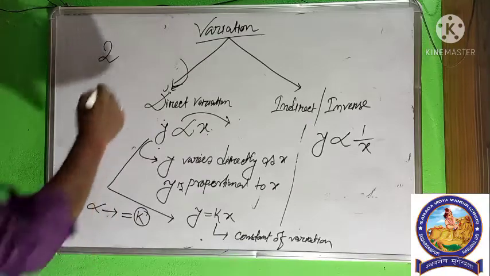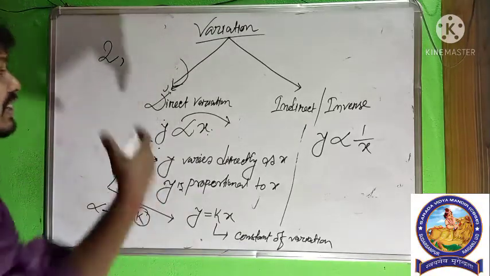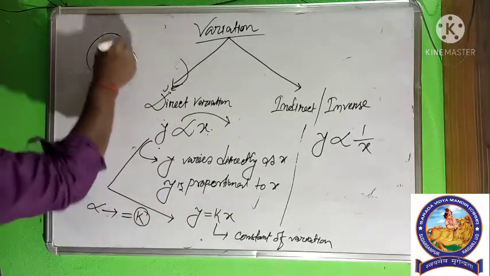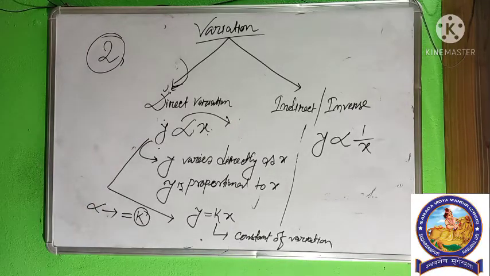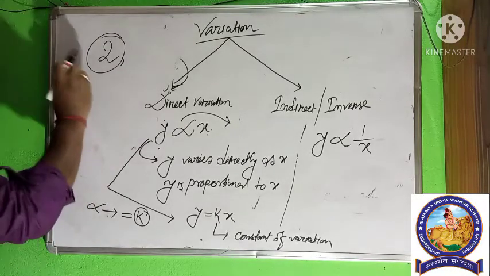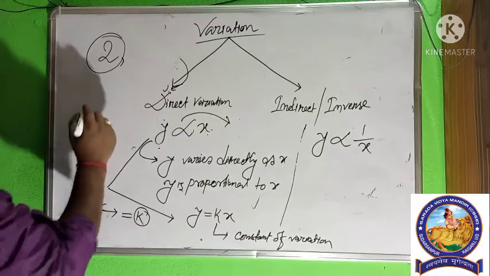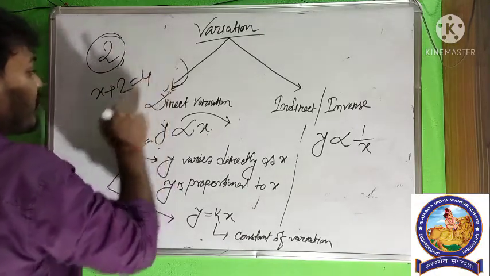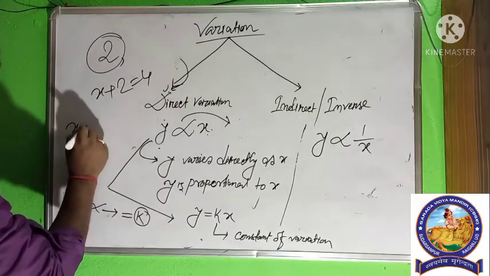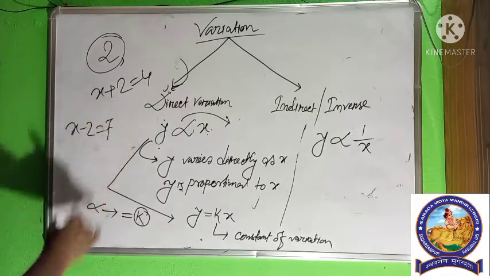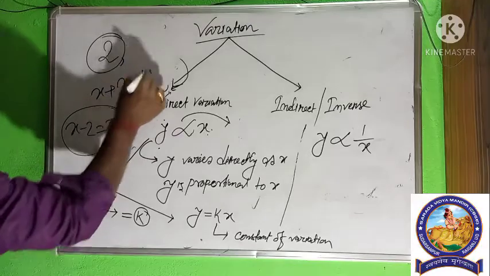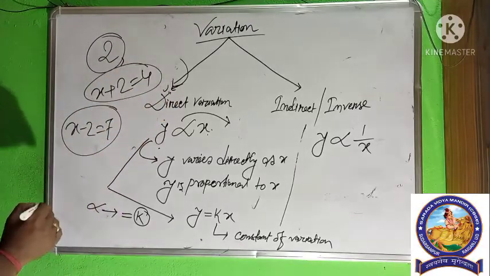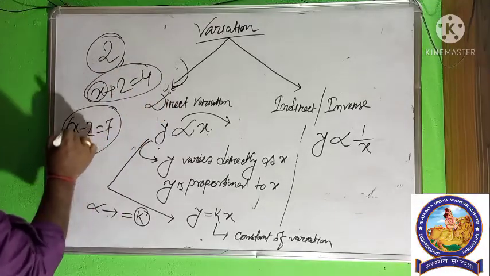If somewhere in my copy or in my book 2 is written, then the value is 2. But if, for example, x plus 2 equal to 4 and x minus 2 equal to 7, these are two different maths problems, and here x is given, here also x is given.